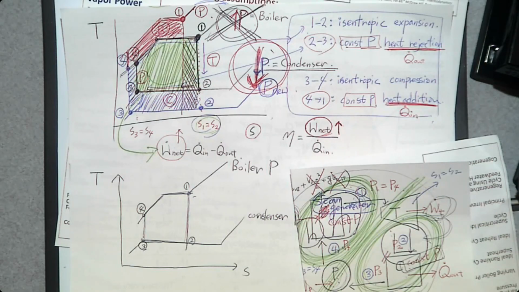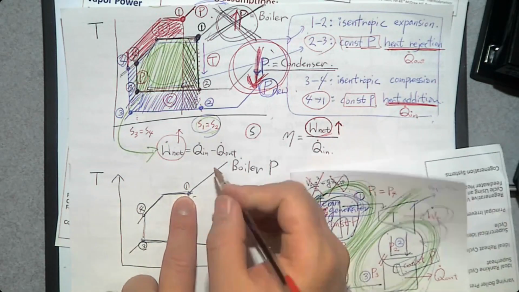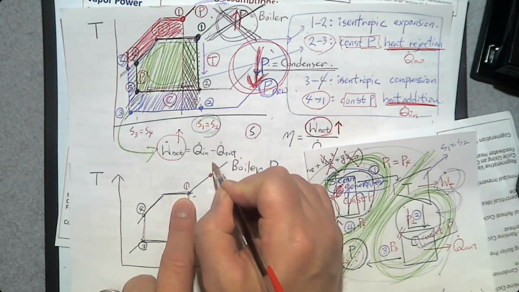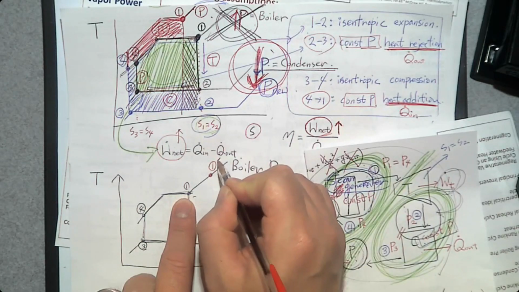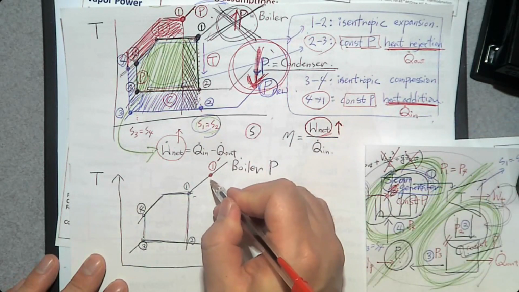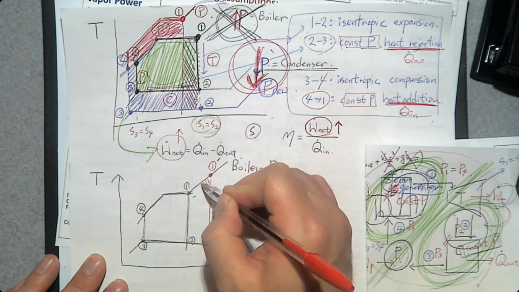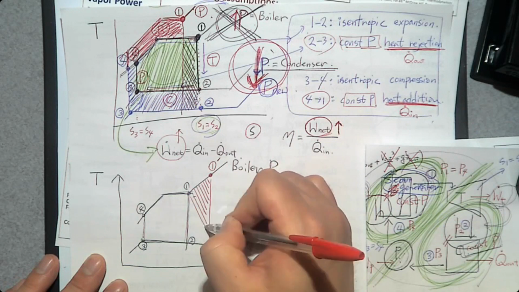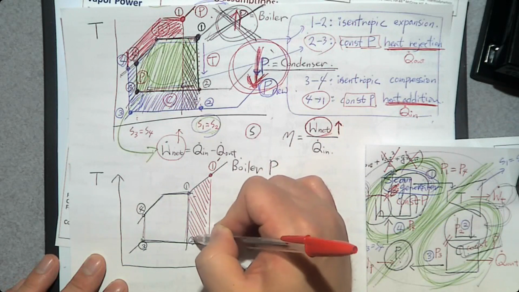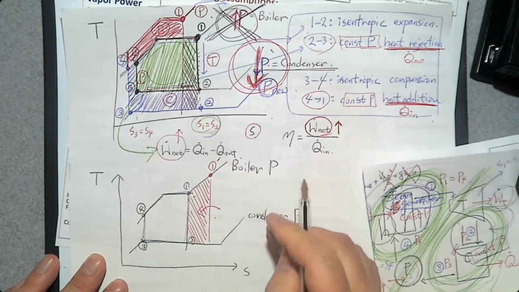What is high quality steam? Not the saturated vapor, but superheated vapor. So this is new number one. Then if you use the superheated vapor rather than saturated vapor, then we can add this much net power.